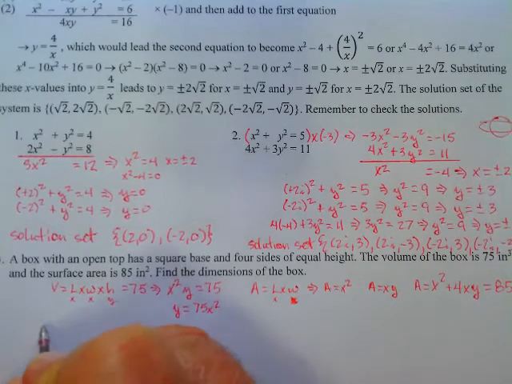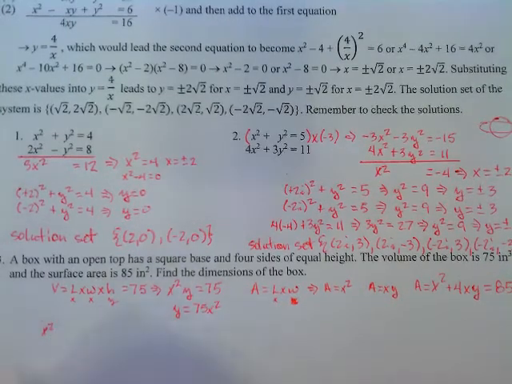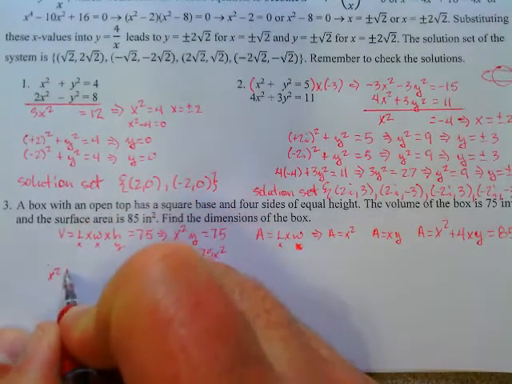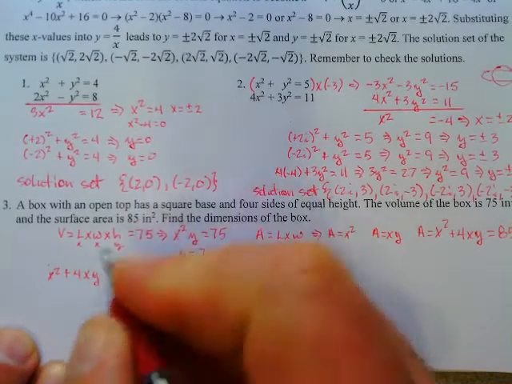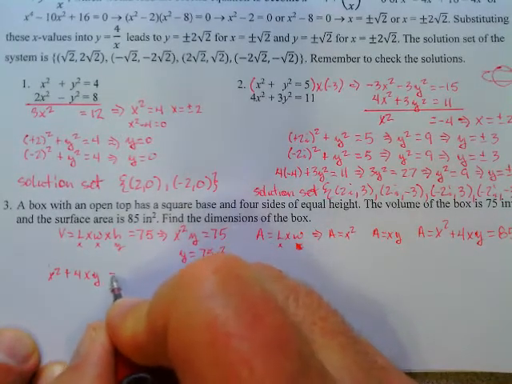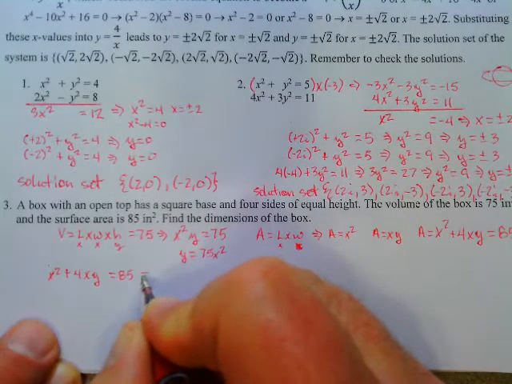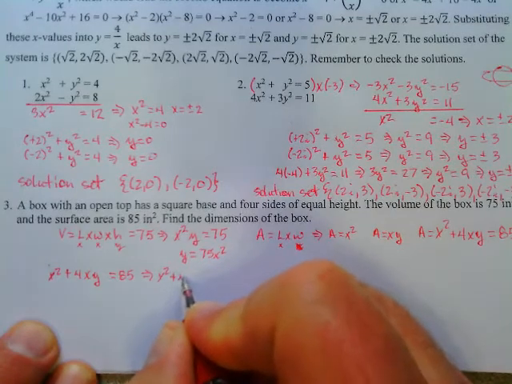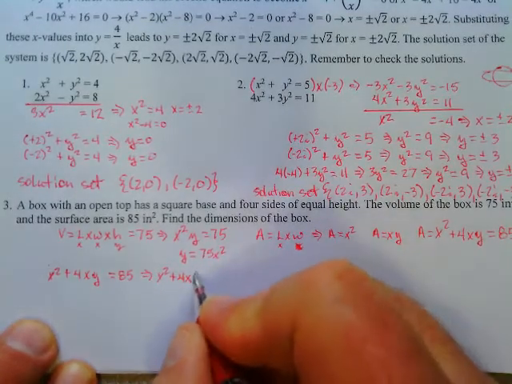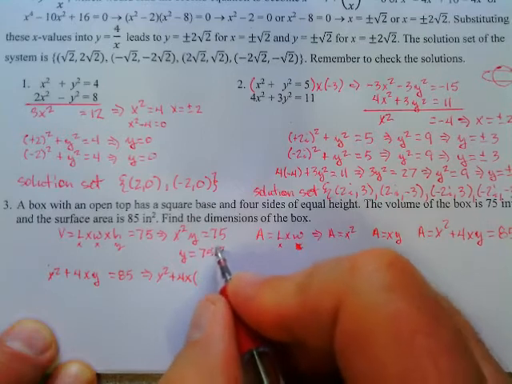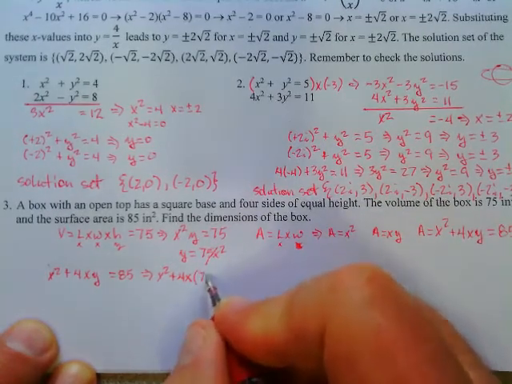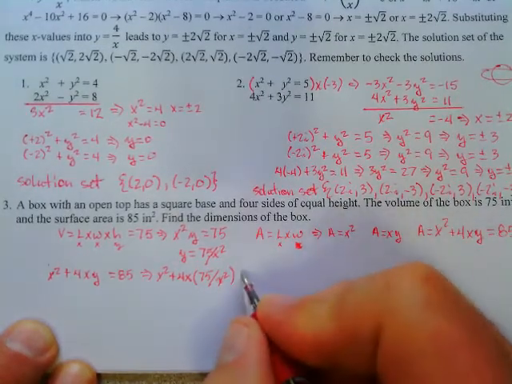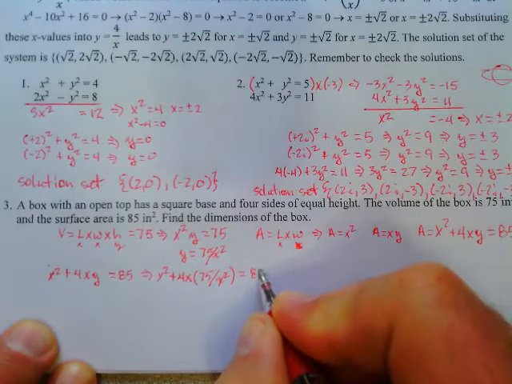So x squared plus 4xy equals 85 will now become x squared plus 4x times 75 over x squared equals 85.